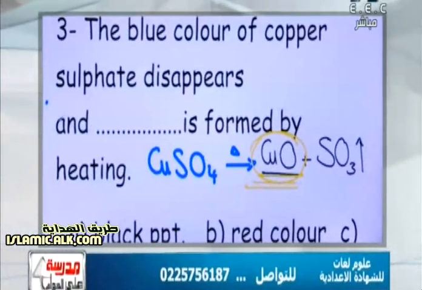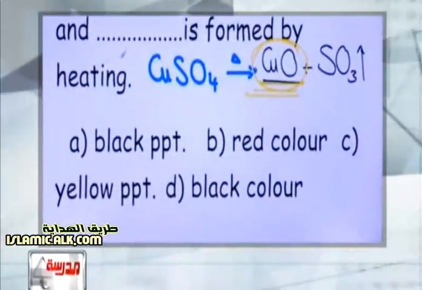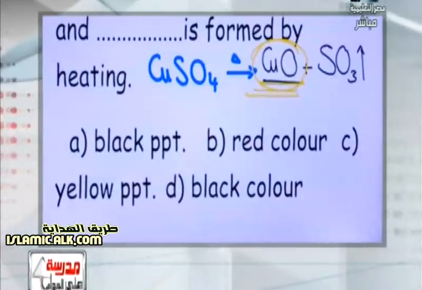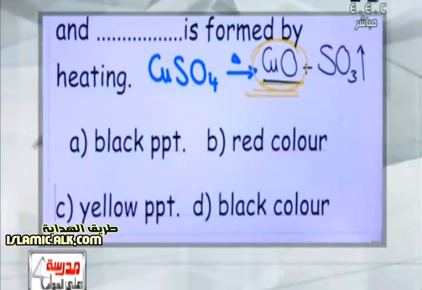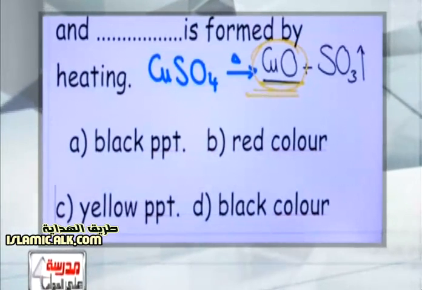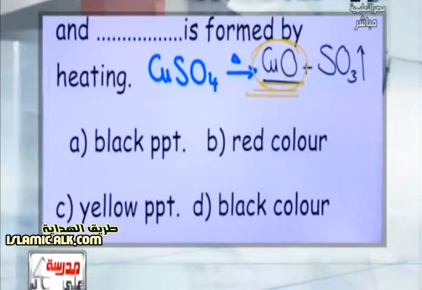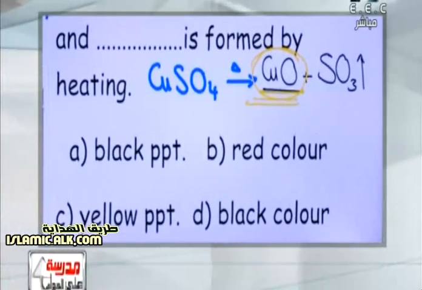Okay, so we have what? Number 1, black PPT, red color, and number C is yellow color, yellow PPT. PPT is short for precipitate.